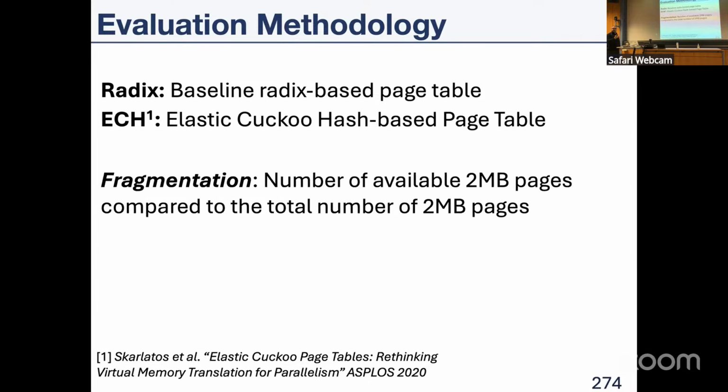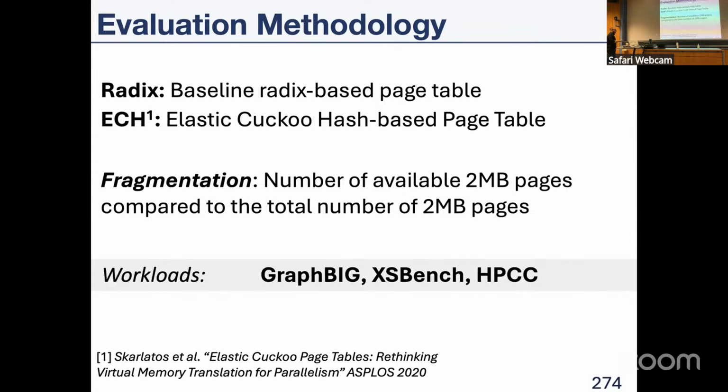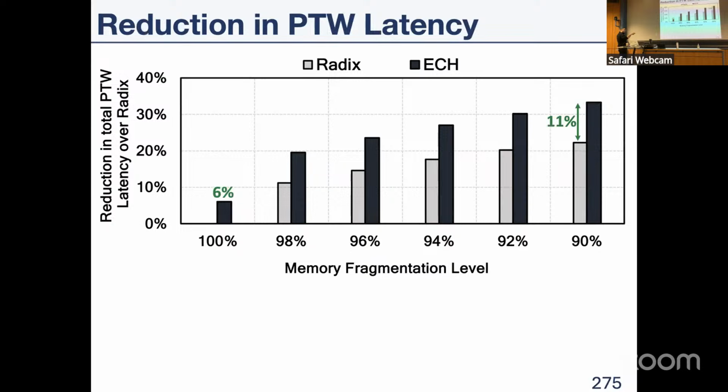Why did we sweep the fragmentation? Because we wanted to sweep the number of available 2 megabyte pages in the system. And we used workloads from these suites. So as you can see in the y-axis, the reduction in the total page table walk latency over the baseline page table design.